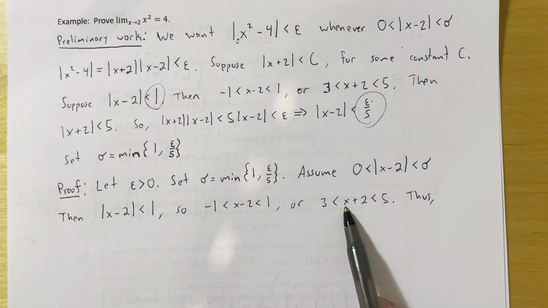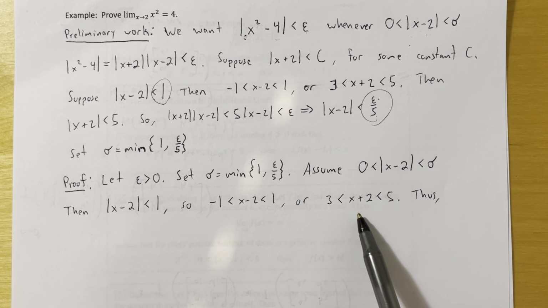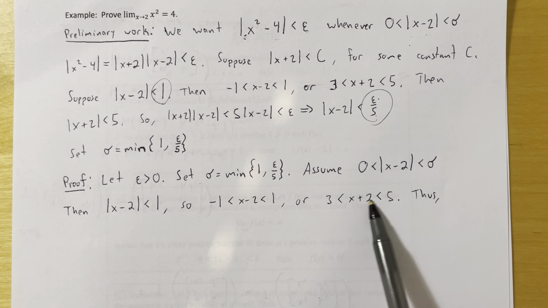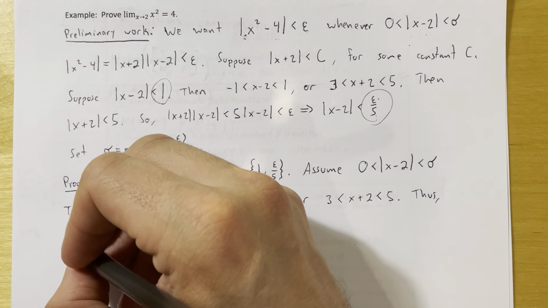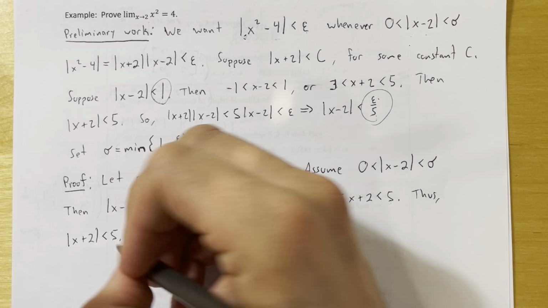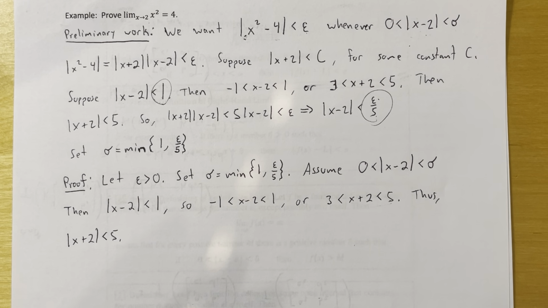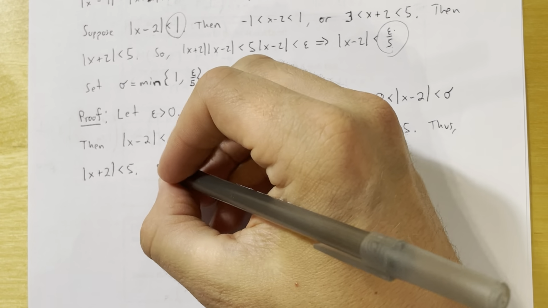Thus, remember, x plus 2 being in between two positive numbers implies that it's positive, so that the absolute value of x plus 2 is the same thing as x plus 2. And I can use this part of my inequality to say that the absolute value of x plus 2 would have to be less than 5. Okay, I needed to state that because I'm going to use this fact in this final stretch of my proof.